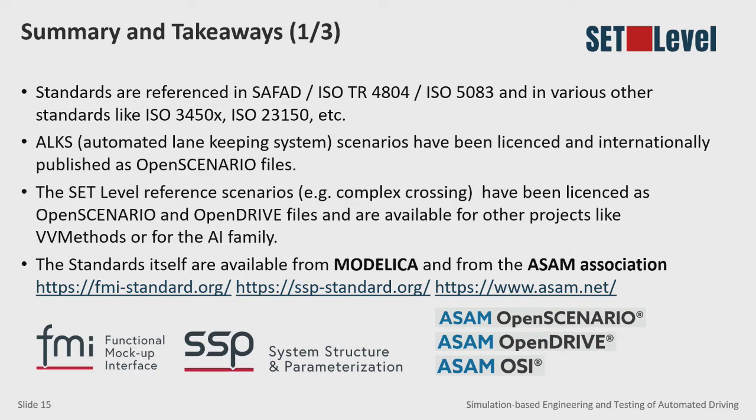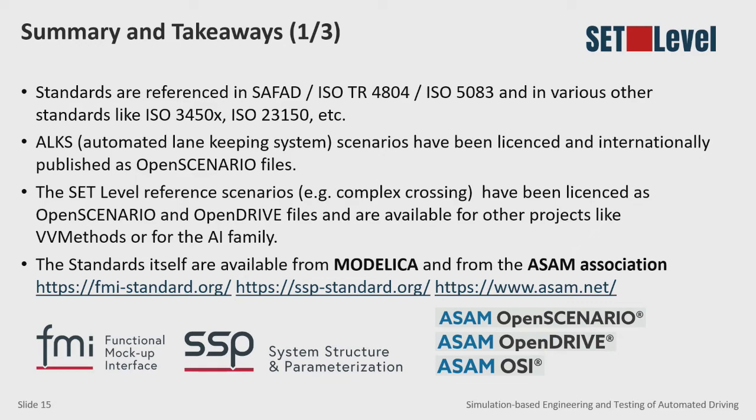So examples have been elaborated, like scenarios for an automated lane keeping system, the ALKS, which has been licensed and internationally published as OpenSCENARIO files, and is already used by the community for the purpose of clear interpretation of related legal requirements.